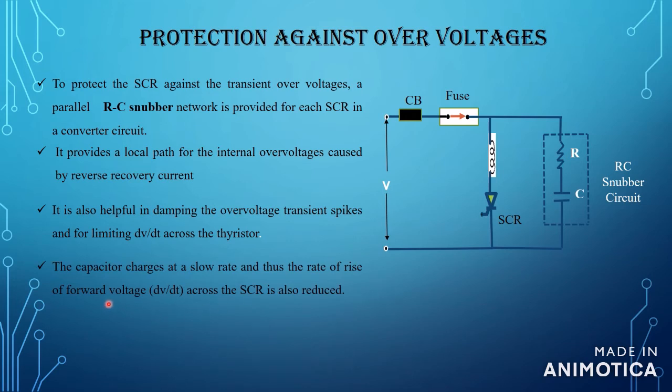So as such, the rate of change of voltage across the capacitor will be very slow, that is dV by dt variation is very slow. Since it is connected across the SCR, also the dV by dt is very slow, and so this will prevent the sudden changes in the voltage and false triggering of the SCR due to dV by dt.